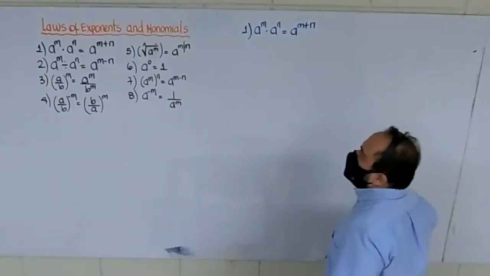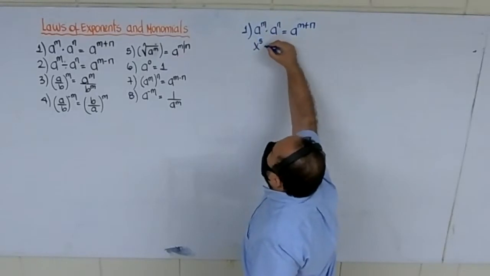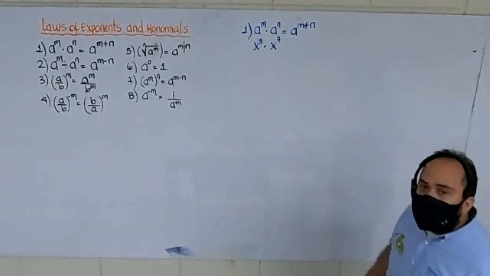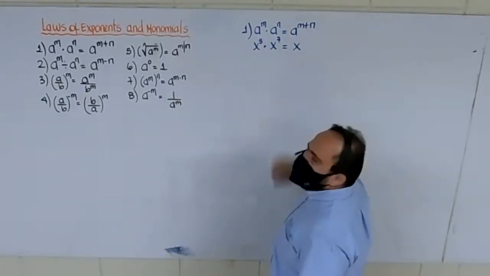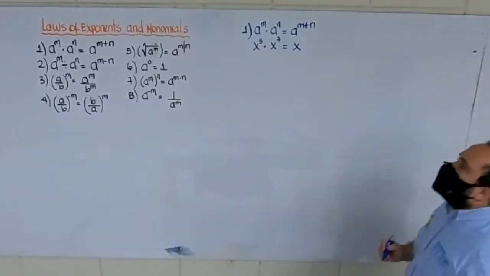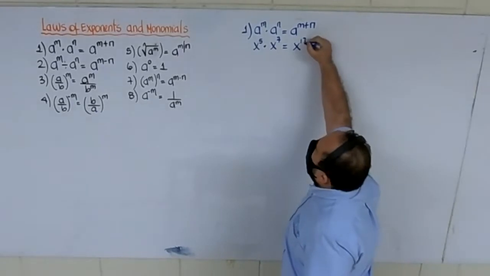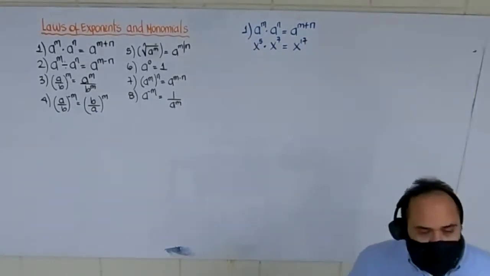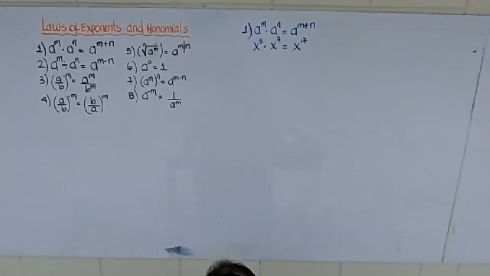If we want to multiply x to the fifth power by x to the seventh power, I copy the letter x and add the powers: 5 plus 7 is 12. So the answer is x to the 12th. This is the meaning of rule number one. Multiplication of powers with the same base: copy the base and add the powers.